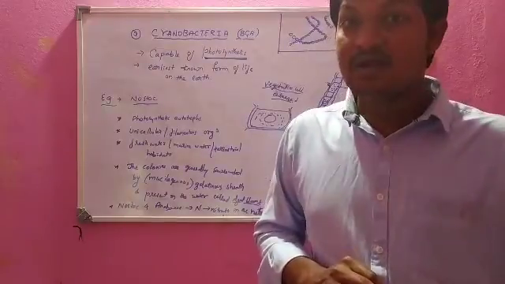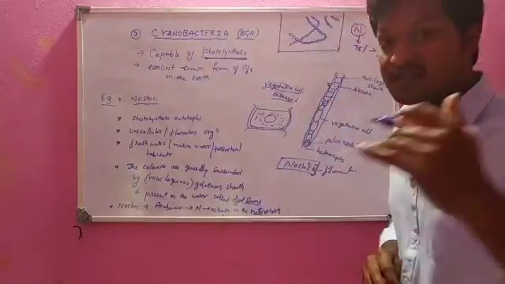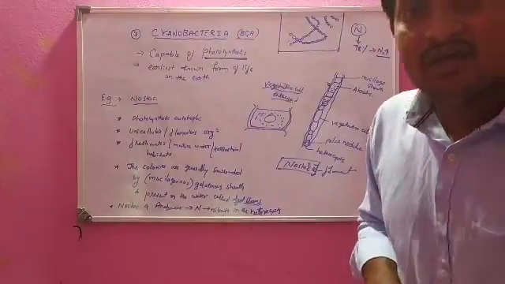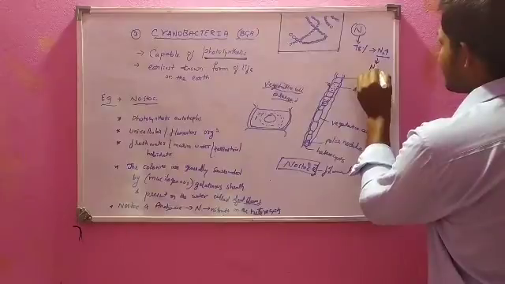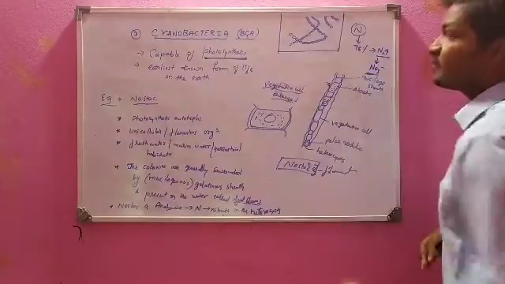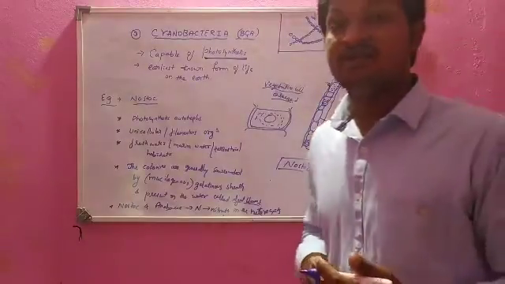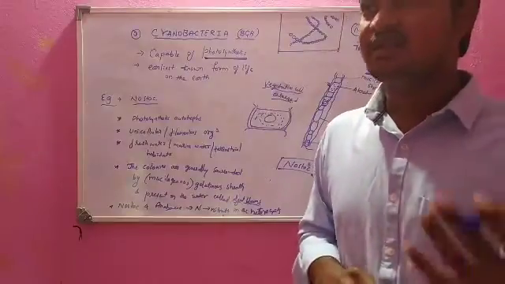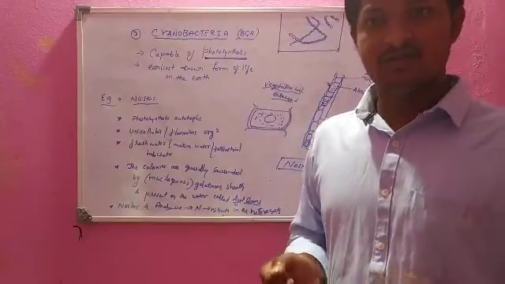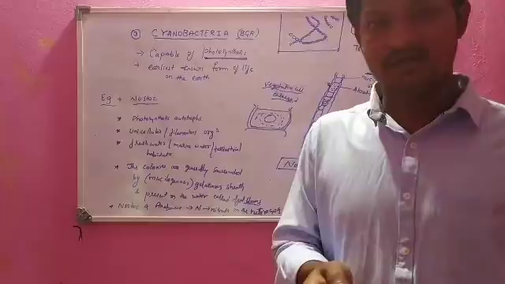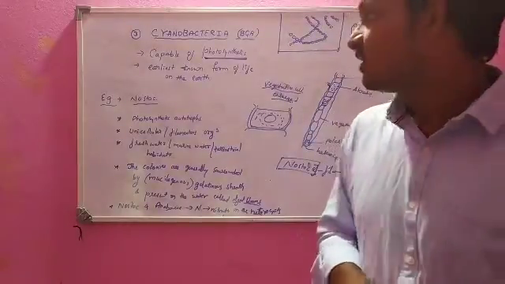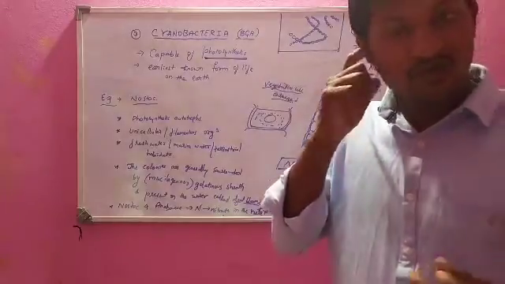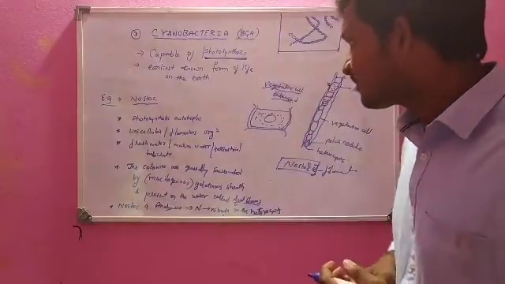N2 is converted into nitrates. In the form of nitrate ions only, when N2 gas dissolves with water, it forms nitrate ions, and in that form the plants absorb that nitrogen.